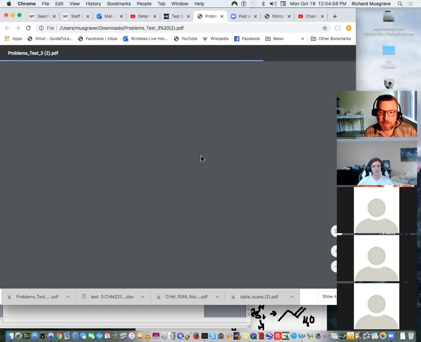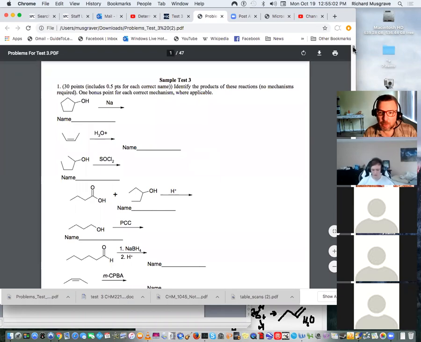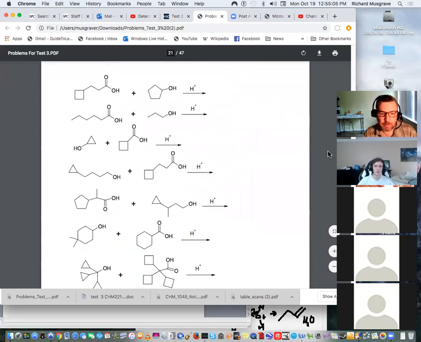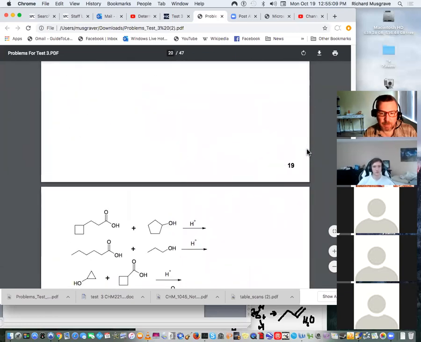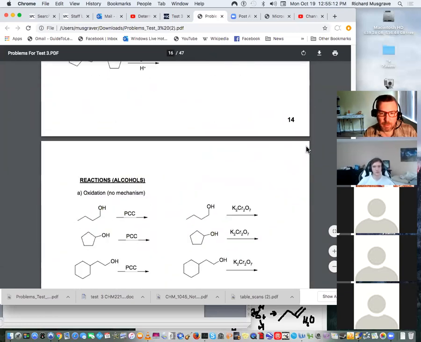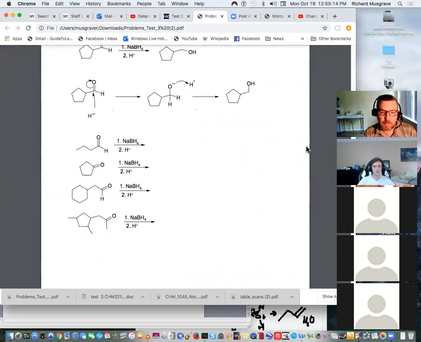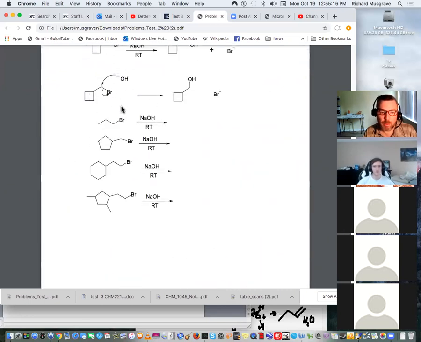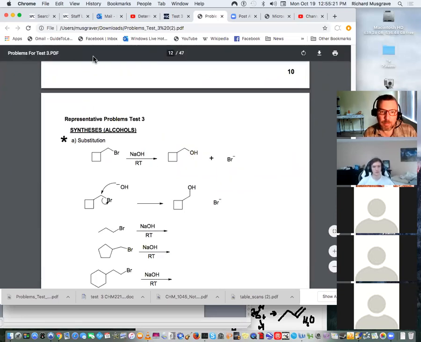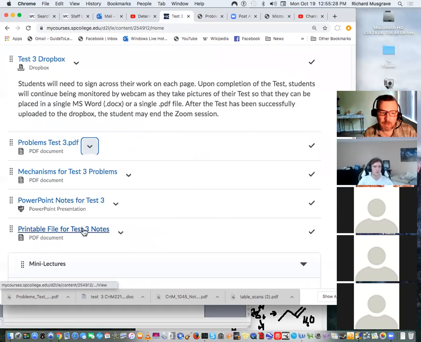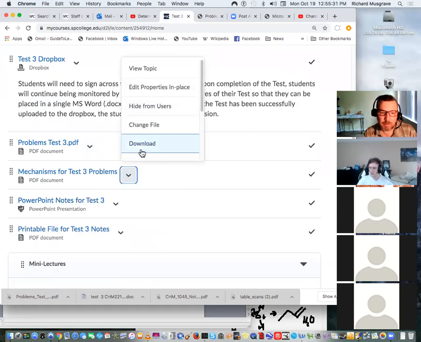So this is what I want people to do, but only a third of you will do it, at least that's what history tells me. It's a bit sad, but we're starting on page 11. So the idea is that you show all of these as mechanisms, and then you compare your answers to the ones I have in the file that's just below it, mechanisms for test 3 problems.